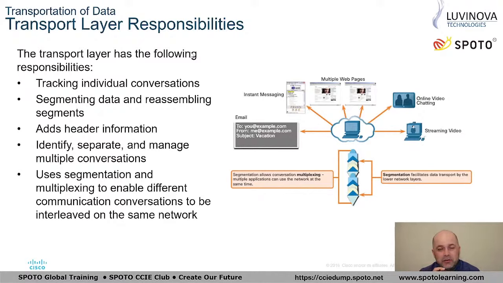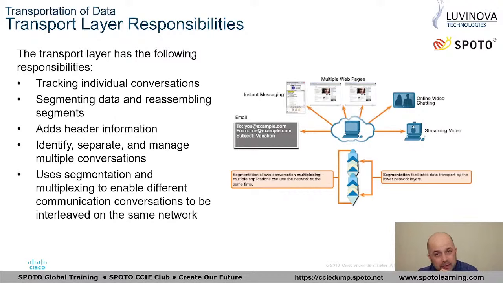To prevent these differences when transmitting data over the network, the transport layer starts a process called segmentation. It divides the data into smaller, equally sized pieces, and each piece is given a sequence number, so it's called sequencing.